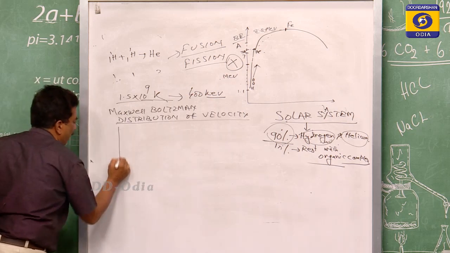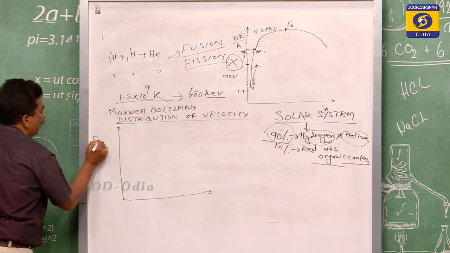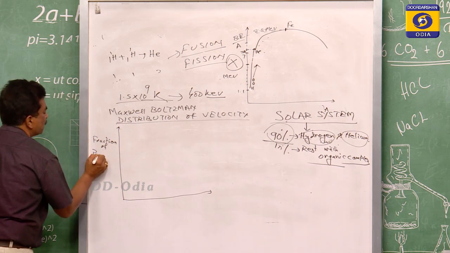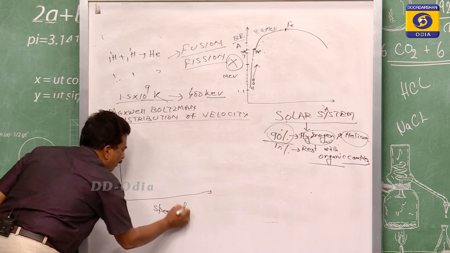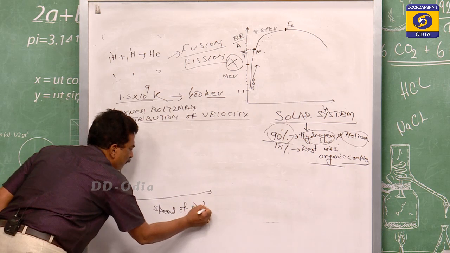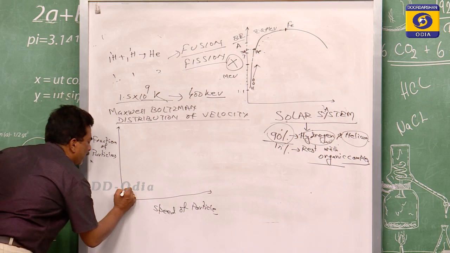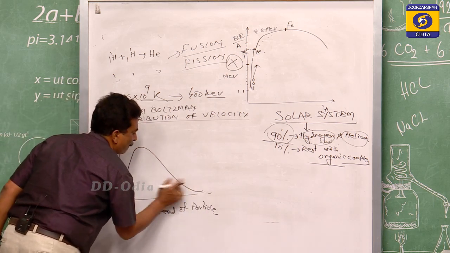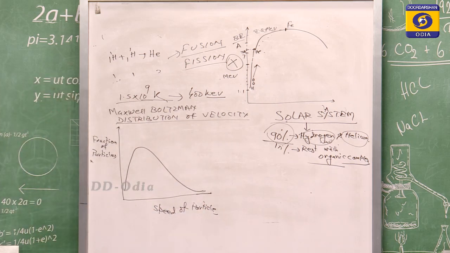According to that, if this is the fraction of particles and this is the speed of a particle, the graph will show likewise.